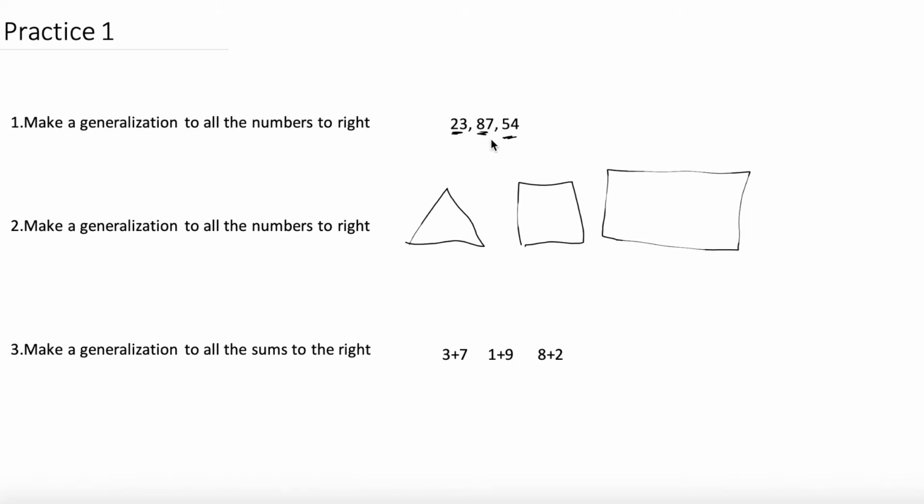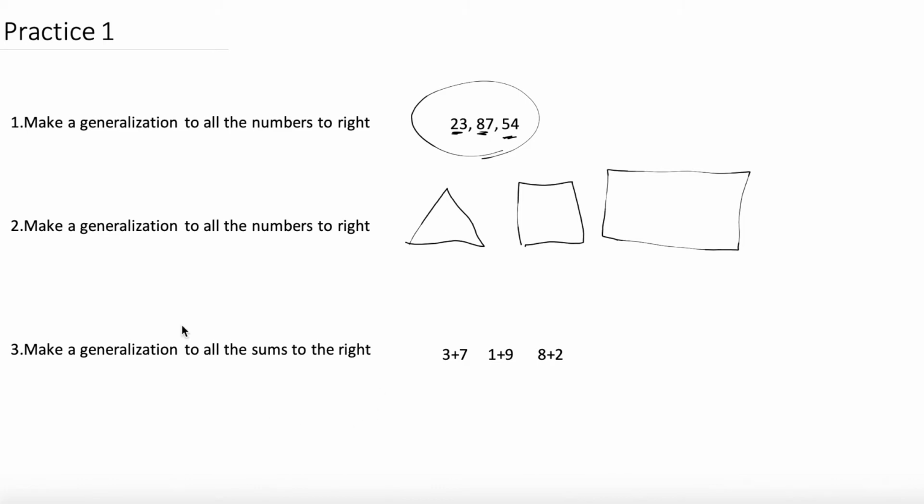They're all less than 90. They're all numbers, really. That's not really a valid generalization, but it just makes you think about all the generalizations it could have. Everybody has different generalizations, but I think those are a few valid ones.